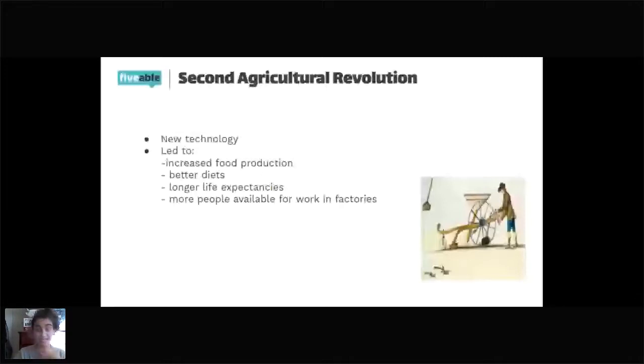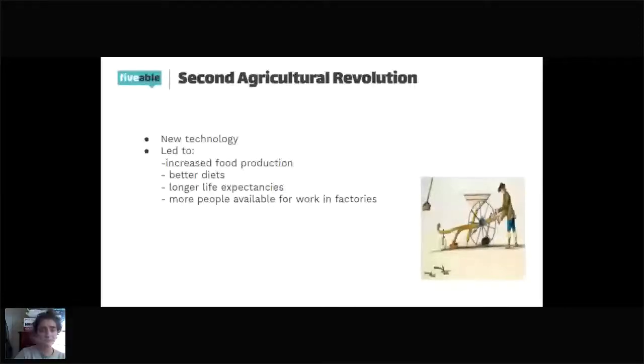Nobody's gonna die out of starvation or malnutrition, right? And then longer life expectancy, obviously, because there's more nutritional food. Okay, the last bullet point is an important one.